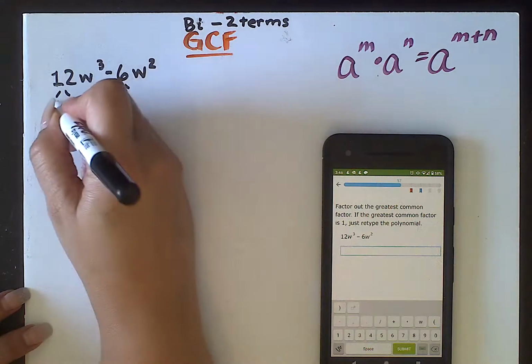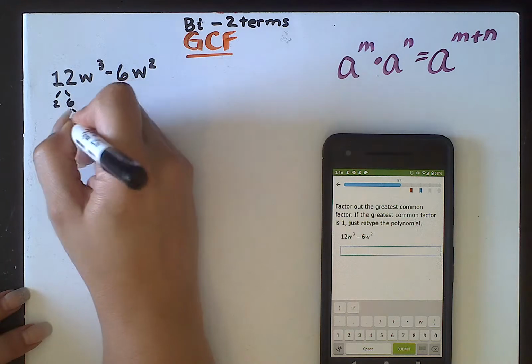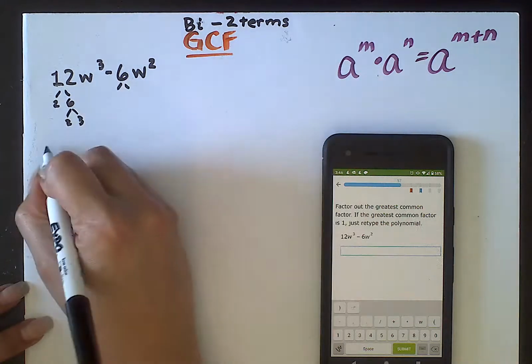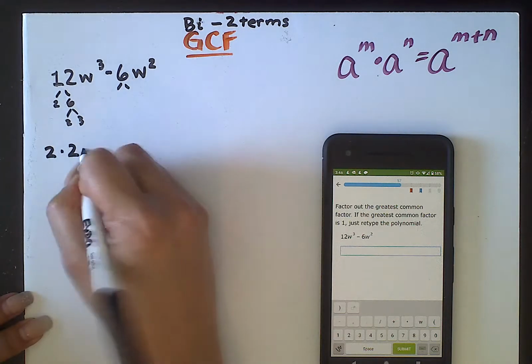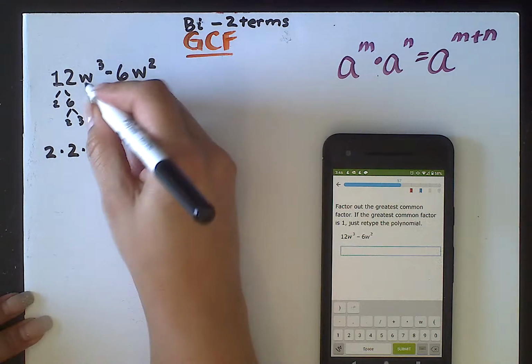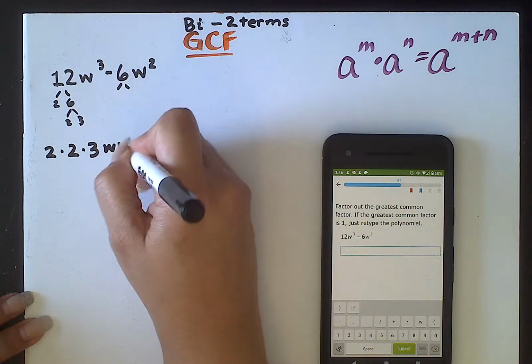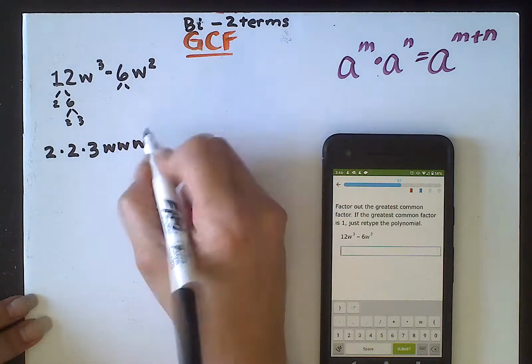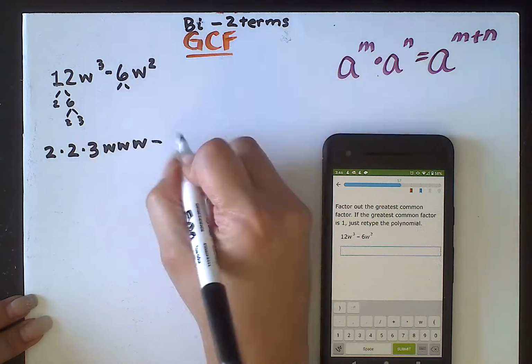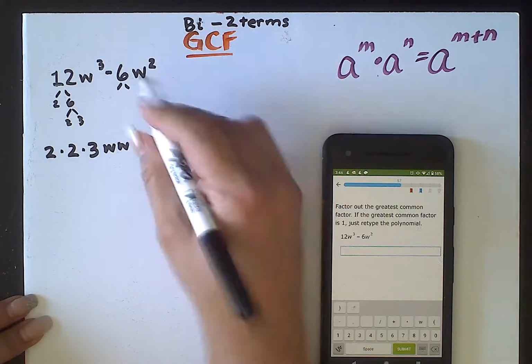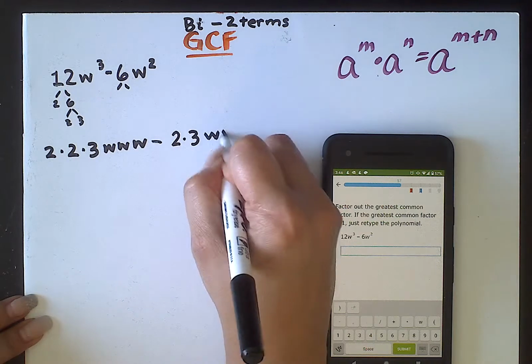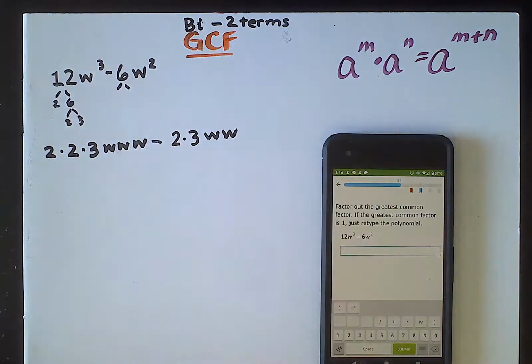Now, the 12 could be 2 and 6 could be 2 and 3. So I'm going to write out 2 times 3. And w cubed is w times w times w. Minus 6, of course, could be 2 times 3. And then I have w. Those w's look a lot better.